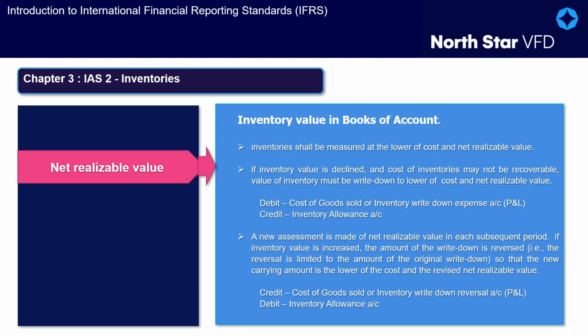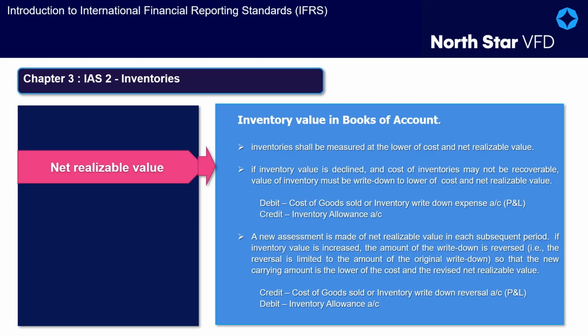The cost of inventories may not be recoverable if those inventories are damaged, if they have become wholly or partially obsolete, or if their selling prices have declined. The cost of inventories may also not be recoverable if the estimated costs of completion or the estimated costs to be incurred to make the sale have increased.